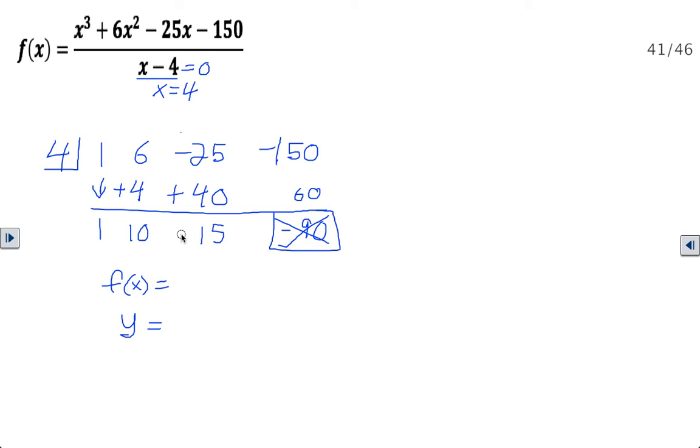This is my constant term, so my final number will be a plus 15. And then this is going to be multiplied by x, and this one's going to be multiplied by x squared. So I will have x squared plus 10x plus 15.